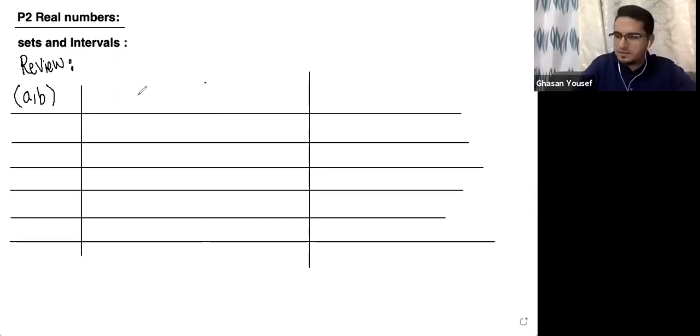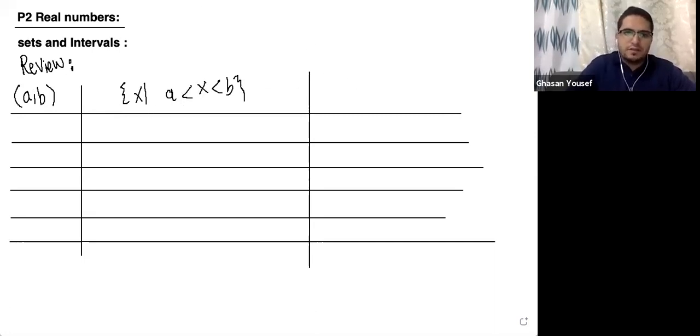The set description means all values x such that x is between A and B, without the equal. We don't have to write the equal, because for this notation, all values between A and B do not include the endpoints. The endpoints are A and B themselves.